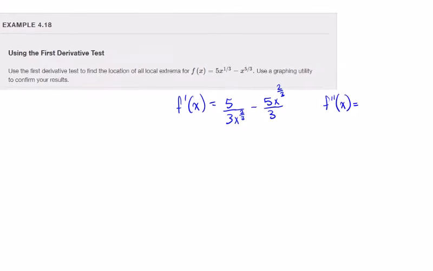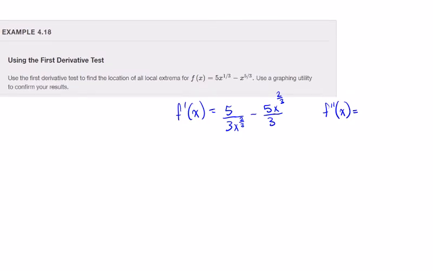I don't know why I keep starting out so far left and then needing to scoot over, but anyway, so the second derivative. Remember this is a negative 2/3 exponent, so I would multiply negative 2/3 times 5/3, so that would be negative 10/9, and then we take away 1 from negative 2/3, so that would be negative 5/3, or excuse me, it would be positive 5/3 in the denominator, or I could put negative 5/3 in the numerator.